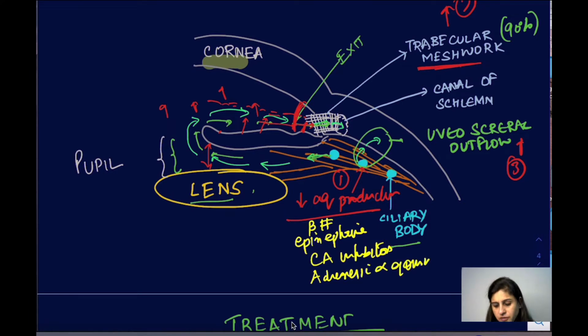Okay, these are the various drugs: epinephrine, carbonic anhydrase inhibitors, adrenergic agonists, beta blockers. All of them can decrease the production.